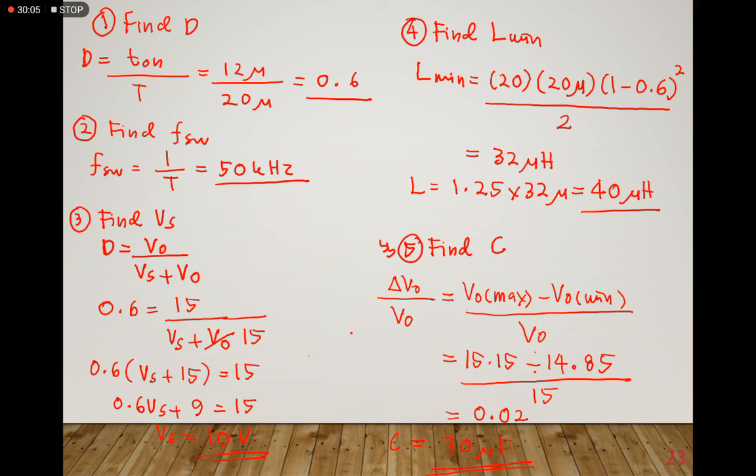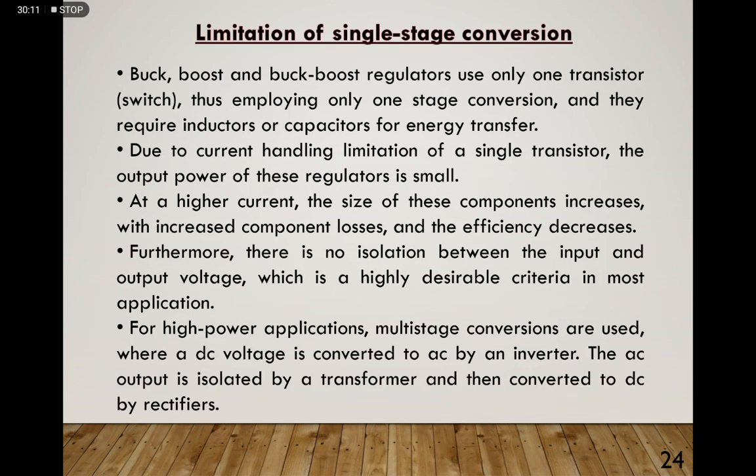Okay, so finally I'm coming to the end of the lecture. Right, so we go for a bit of knowledge on the limitation of single stage conversion. Single stage means that you have only one resistor, one inductor and one capacitor in your circuit.